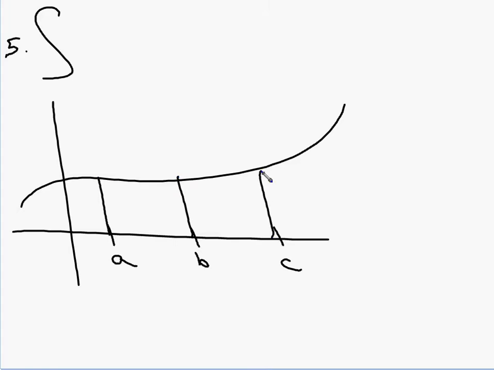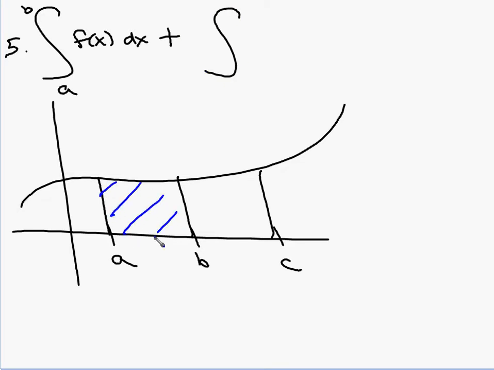what number 5 says is that I can break it up into 2. I can make the integral from a to b of f of x dx plus, all right, what did we do? We did the integral from a to b. That's this. Plus the integral from b to c.